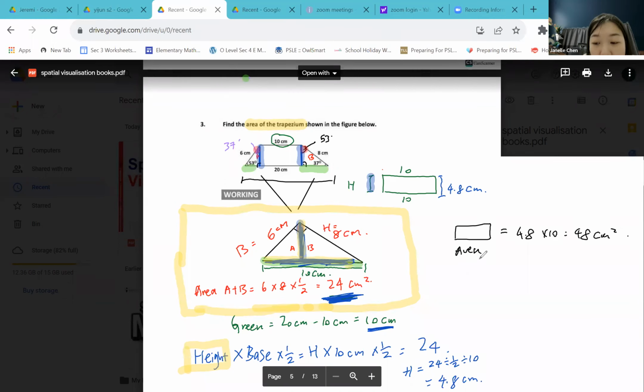So after that, we just now already found the combined triangle, which is the triangle of two of them, like the A plus B. It is actually equal to 24 cm square, just a recap. So the total area of the trapezium will be equal to 24 plus 48 cm square. So at this point, we already found our answer, which is 72 cm square.